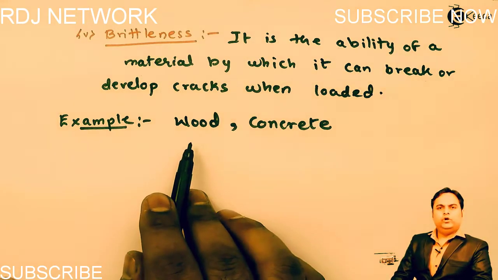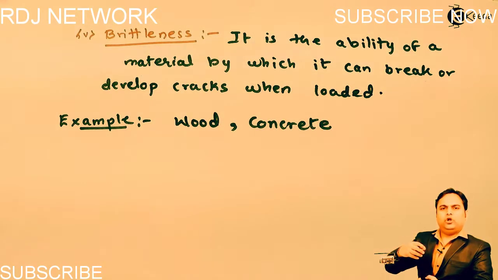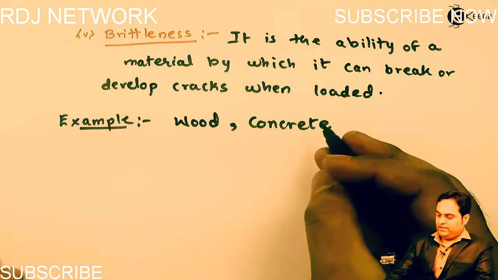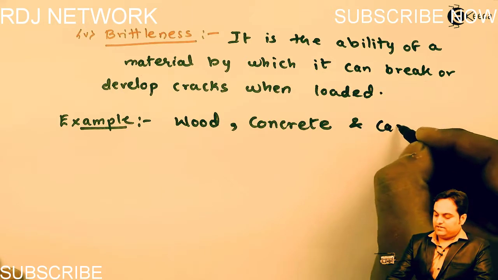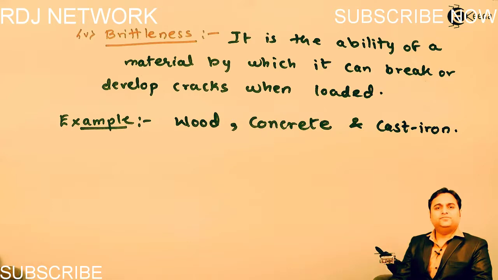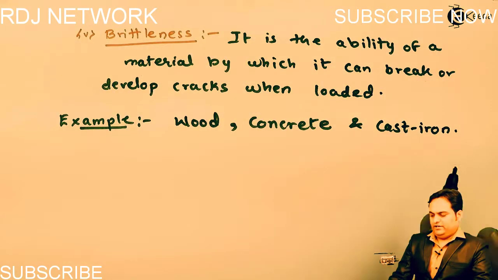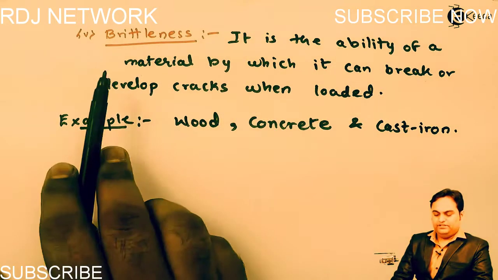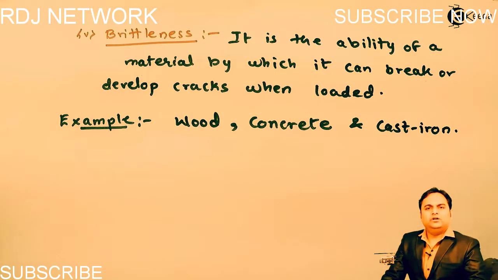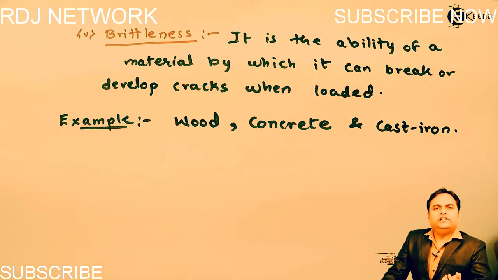Similarly, when we pull a log of wood, it can break suddenly on the application of load. So that is nothing but brittle material. And I can even say that cast iron, since it contains more carbon, behaves as a brittle material, because the more carbon we add to metals, the more brittle they become.